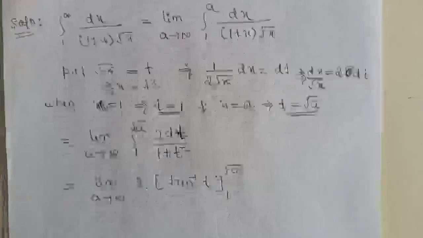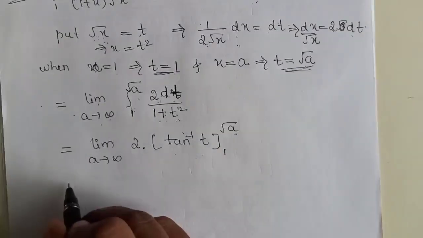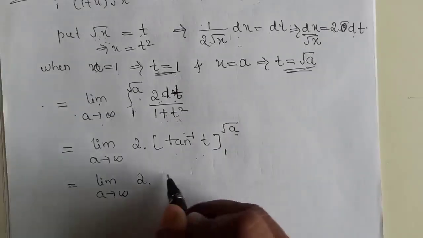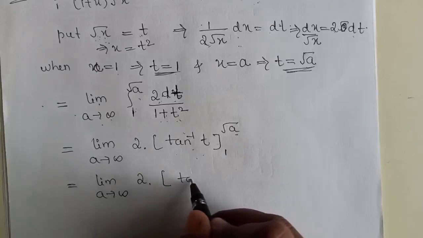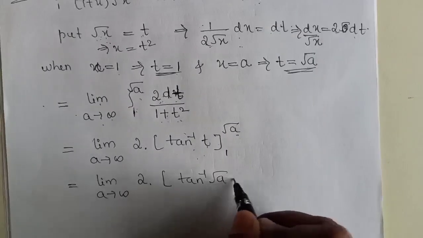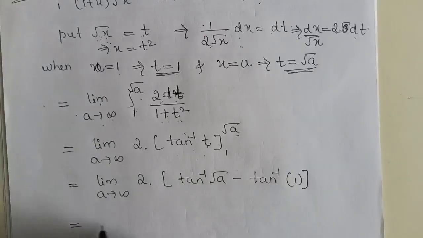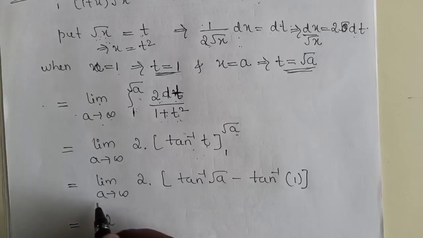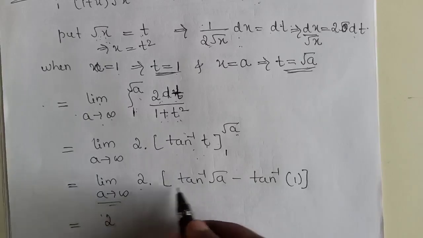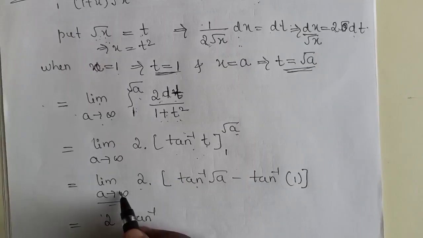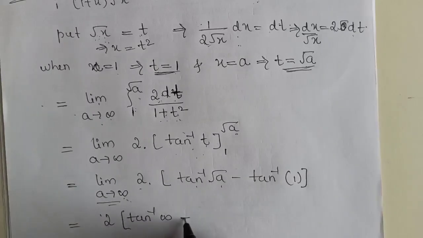Now applying limits, we get limit a tends to infinity, 2 into tan inverse of root a minus the lower limit tan inverse of 1. Now we evaluate this limit. In the place of a we have infinity, therefore this is tan inverse of infinity minus tan inverse of 1, which is pi by 4.